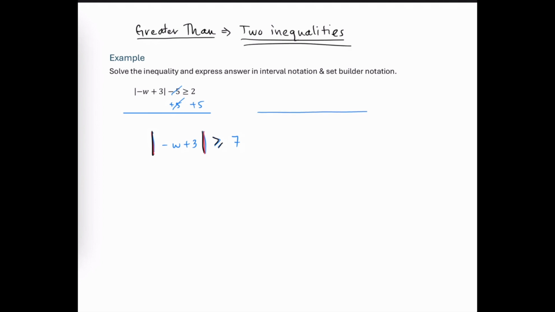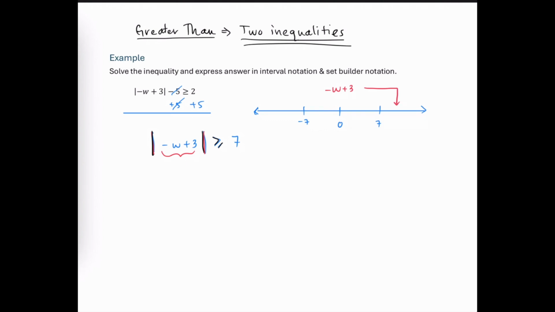Let's look at a number line to determine what those two inequalities would be. So where would negative w plus 3 have to fall on the number line so that its absolute value is greater than 7? So 7 and negative 7 can be considered our points of interest. Considering negative w plus 3 inside these absolute value bars, that quantity would have to fall outside here.